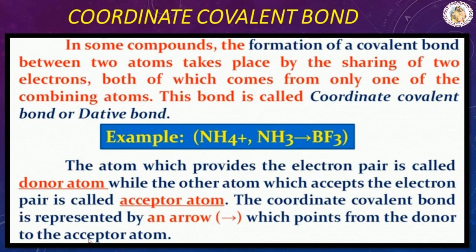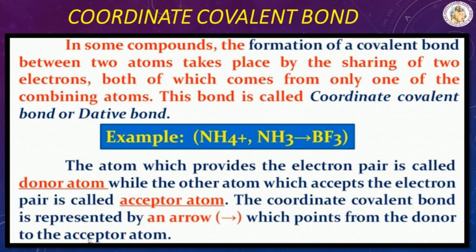For example, NH4+, that is ammonium ion, and NH3 ammonia with boron trifluoride, BF3. Here ammonia and boron trifluoride form a coordinate covalent bond. This arrow mark represents a coordinate covalent bond.